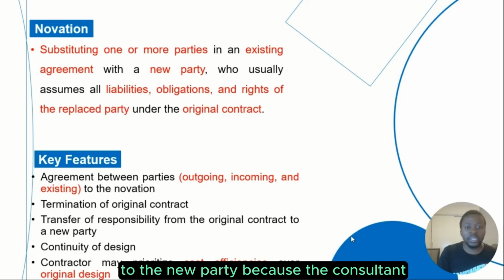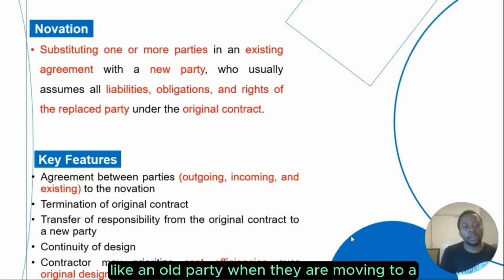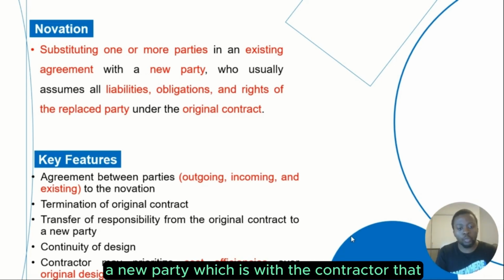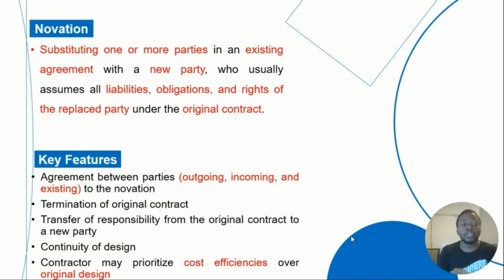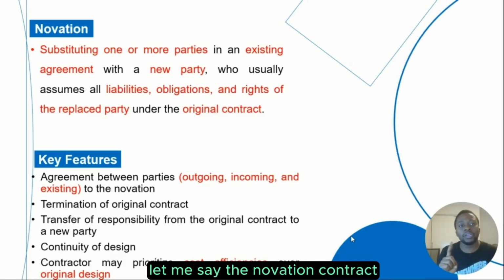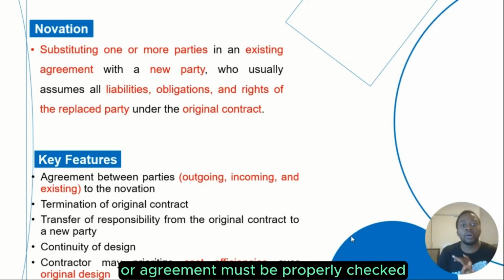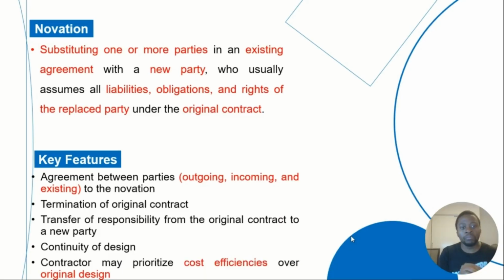Because the consultant working with the client is like an old party. When they are moving to a new party, which is the contractor, there is a transfer of the responsibility, and this must be checked before the transfer. Let me say the innovation contract or agreement must be properly checked and must be properly understood before the transfer of responsibility.